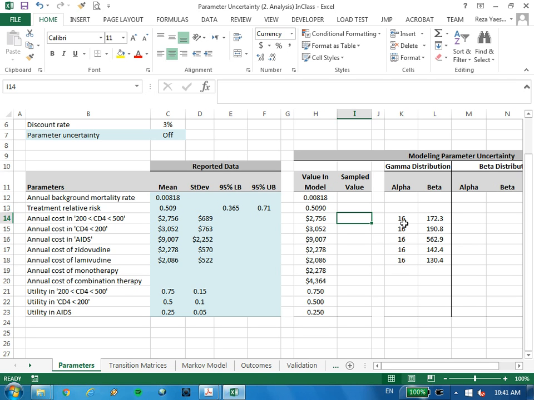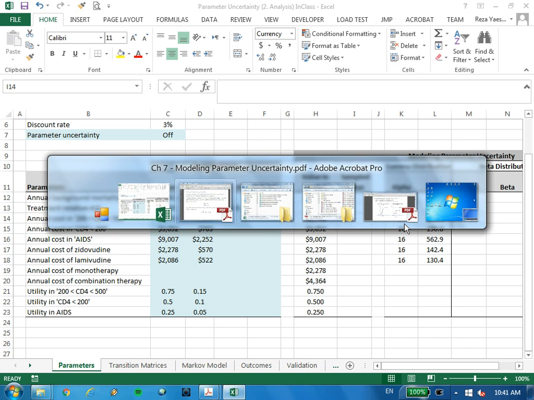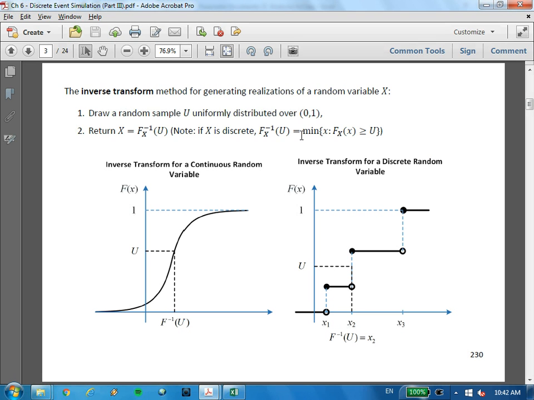You remember? If x follows an exponential distribution with some rate, remember we discussed how to generate a realization of x, or sample from x, which was the inverse transform. Remember, we used it in our discrete event simulation.